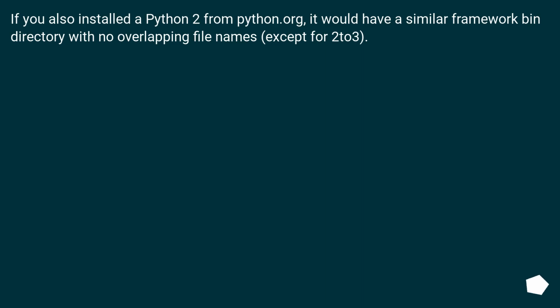If you also installed a Python 2 from python.org, it would have a similar framework bin directory with no overlapping file names, except for 2 to 3.